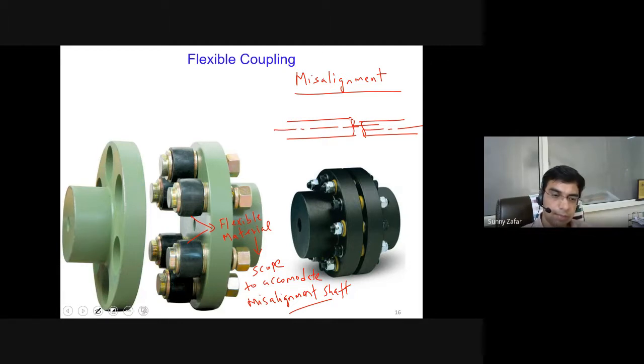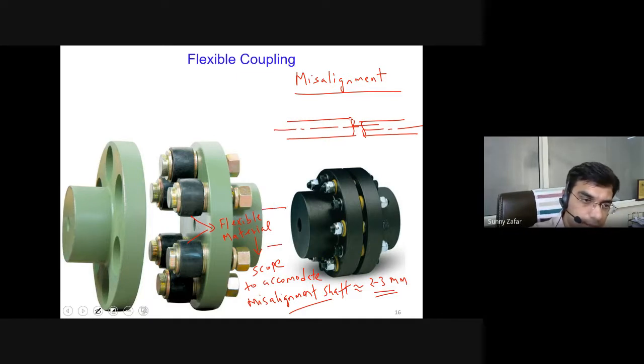But this misalignment may be for a few, up to a few centimeters, say 2 to 3 centimeters. Not exactly centimeters, yeah, millimeters. A centimeter may be quite large for this type of coupling. And other details they follow in a similar way. You have the shaft here, input and the output shaft.